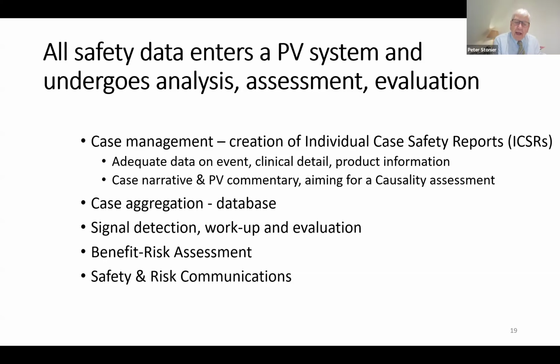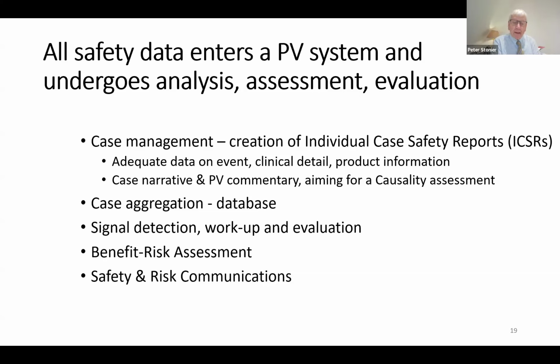And then the next stage of PV is case aggregation, databasing of cases, so that you can work up activities such as signal detection, workup and evaluation from the aggregated cases. This is where the pharmacovigilance system builds up to produce data which can go into a benefit risk assessment.